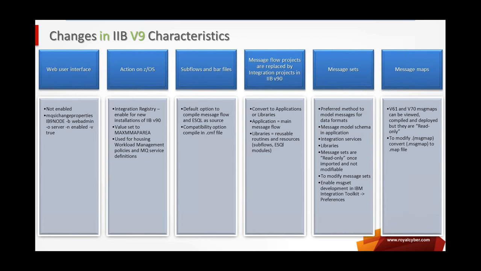But if you really want to modify any of the maps, that is not possible unless you rename the files from .msgmap to .map. Then only can you modify your maps. Otherwise, it is not possible. So these are the things we have to keep in mind when working with IIB 9, and these are the main characteristic changes we have talked about.